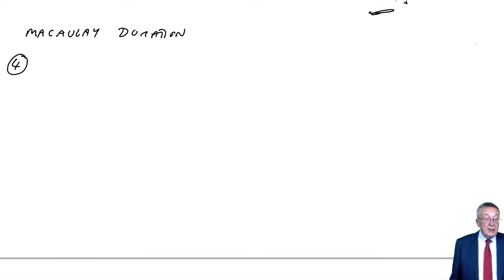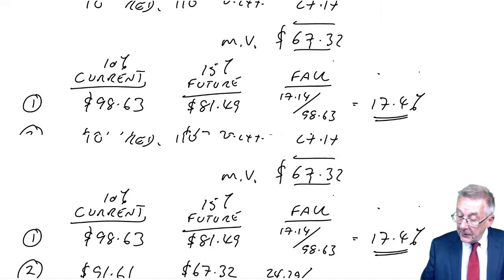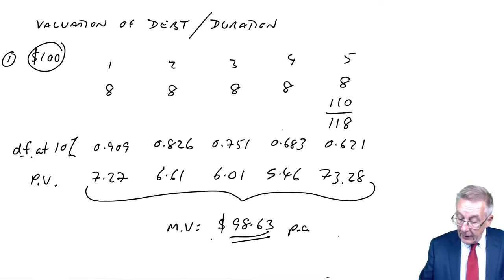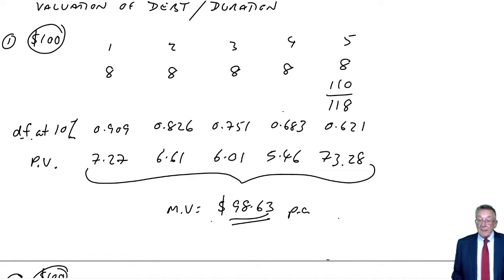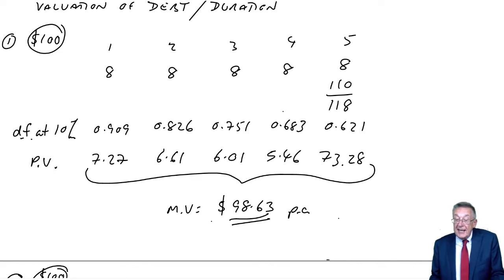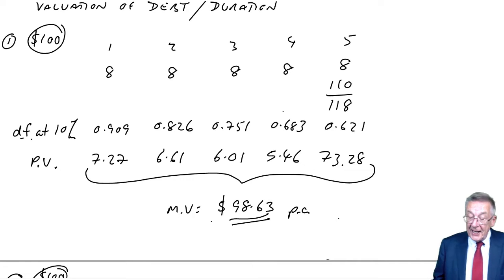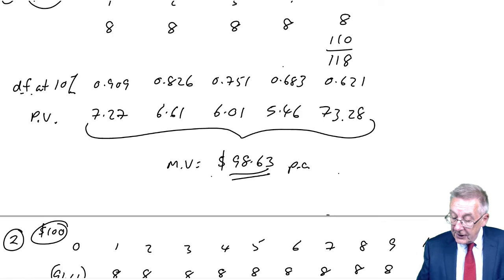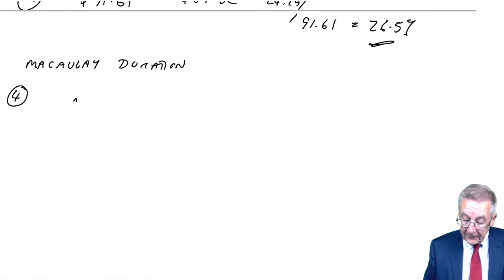It said the investor's required return is 10%, and we worked out the market value, and we got 98.63. And so, since the present value of those receipts at 10% was 98.63, we already know the answer to A. The gross redemption yield was 10%. So it's a bit of a silly question, that.